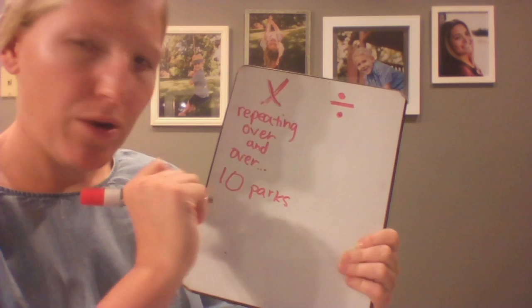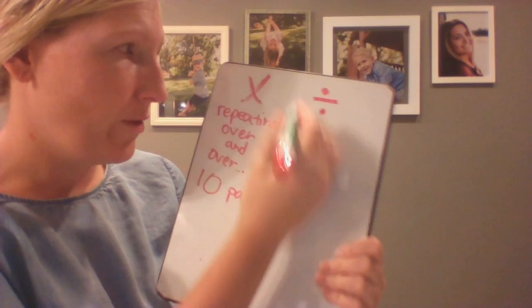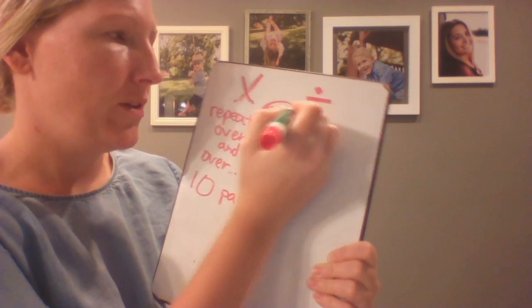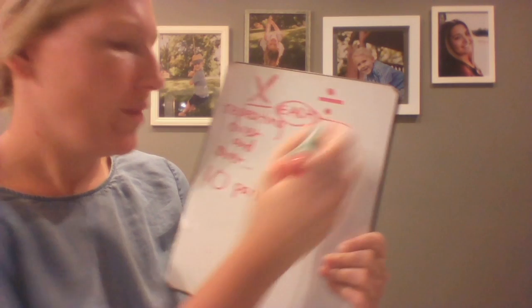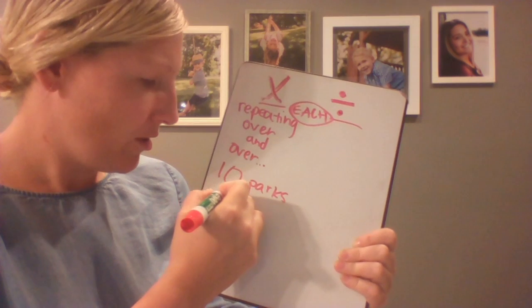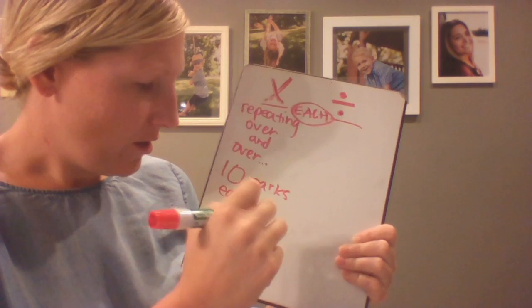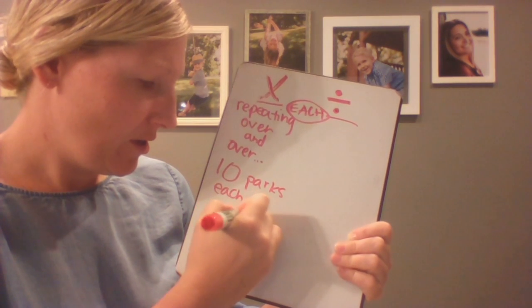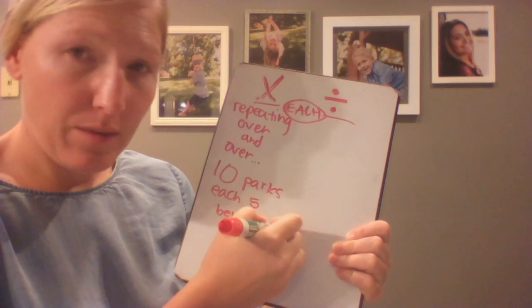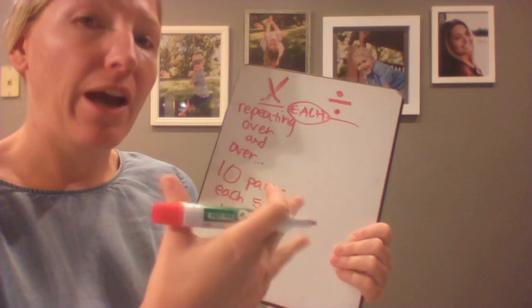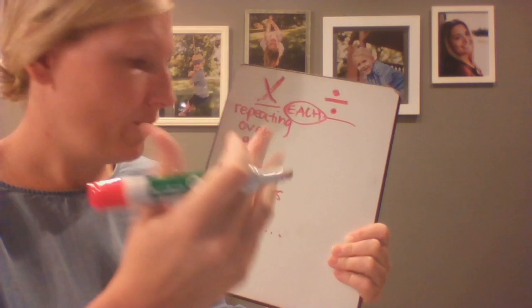And at each park, and that's another clue word for multiplication or division, this one is a clue word for both. They have 10 parks, and at each park they have 5 benches that need to be painted. How many benches would you have to paint in all?